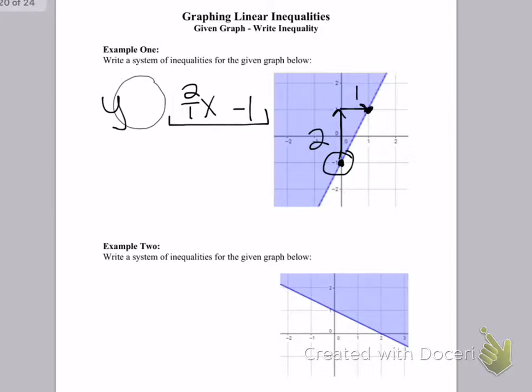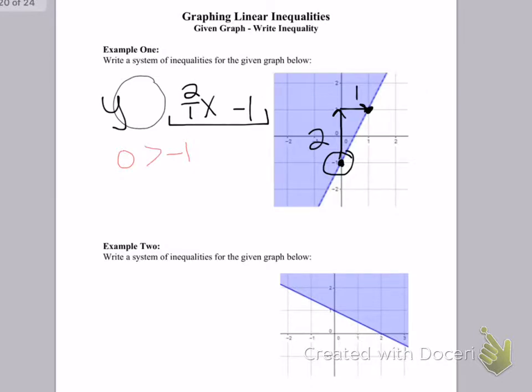So now we got to figure out what the inequality symbol is. So remember, if you're plugging in 0, 0, you're going to have something like 0 and -1. Well, because it's shading 0, 0, you know that the inequality has to be true. So we know that 0 is greater than -1.